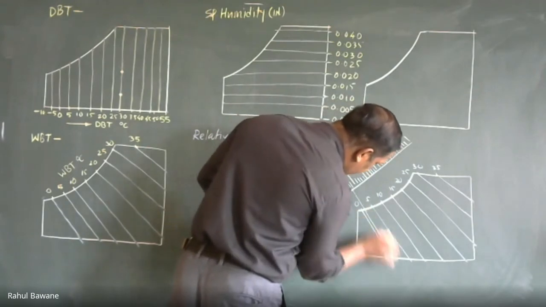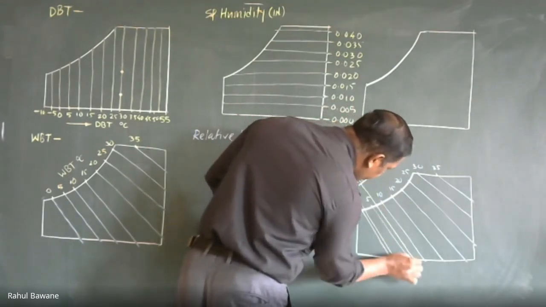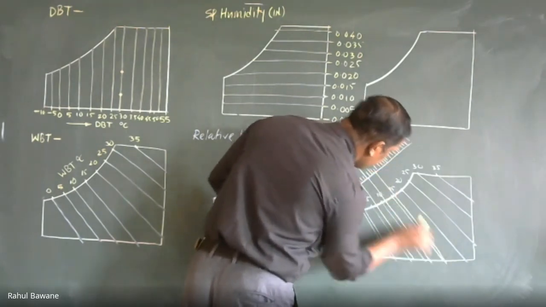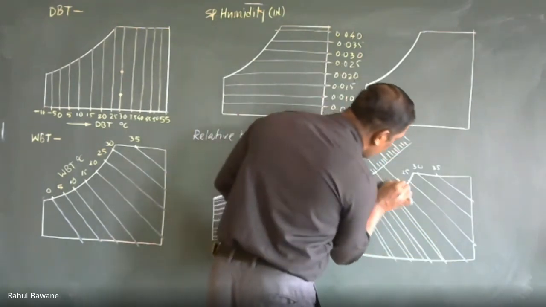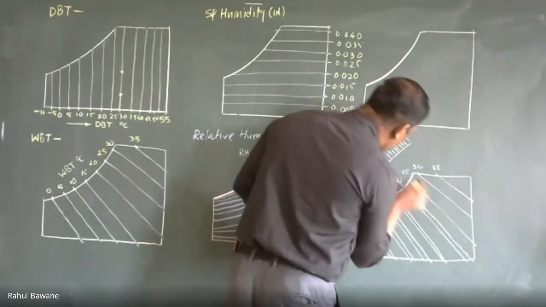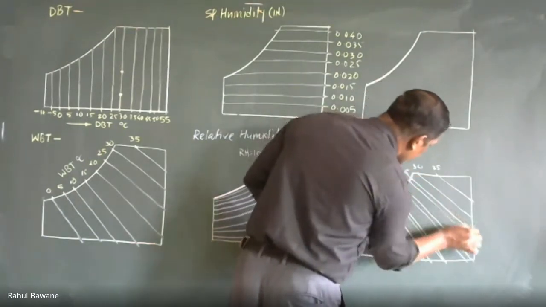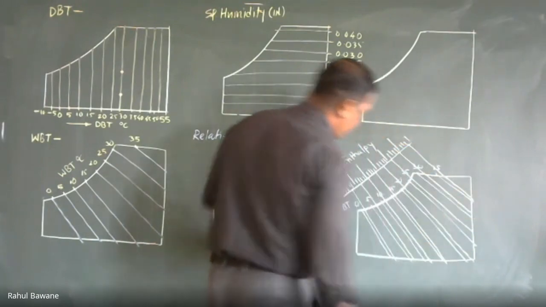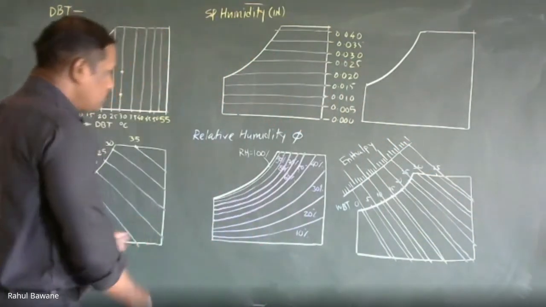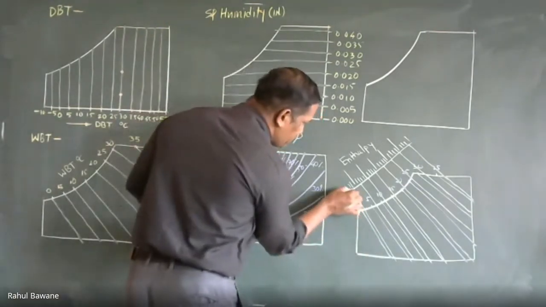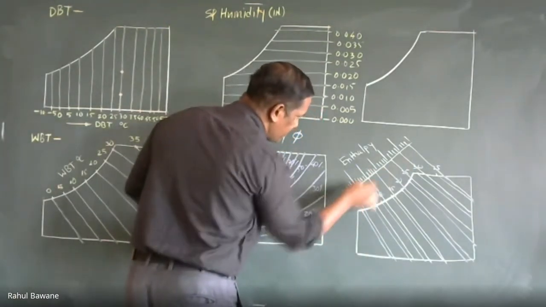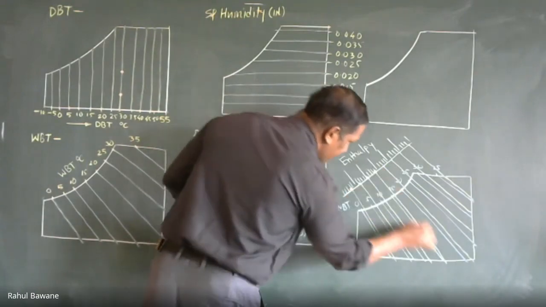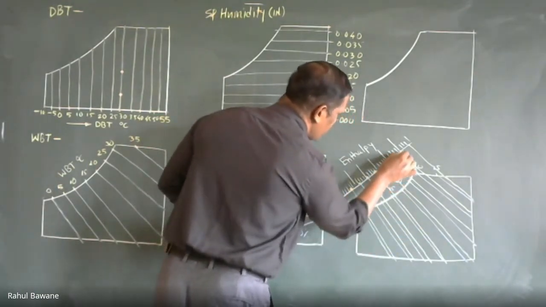So draw such lines. These belong to enthalpy lines. It is not overlapping the WBT. So this will be an enthalpy line. What is the value of this enthalpy? We can measure the value on this enthalpy scale. So this particular inclined line has that enthalpy value.